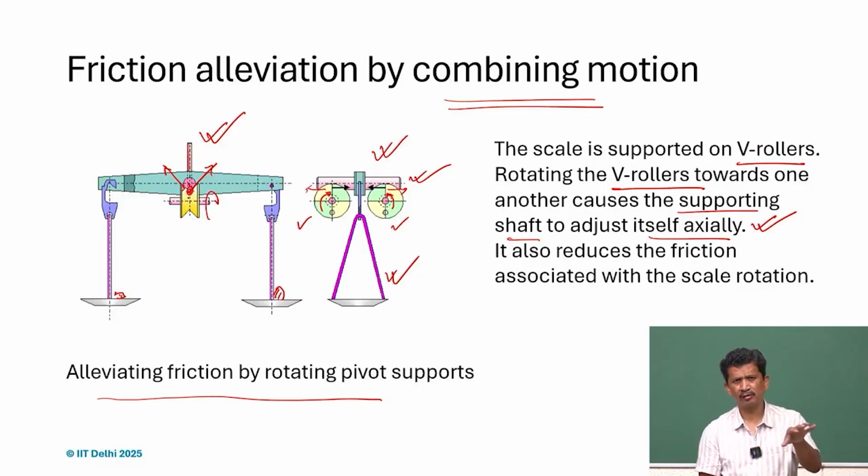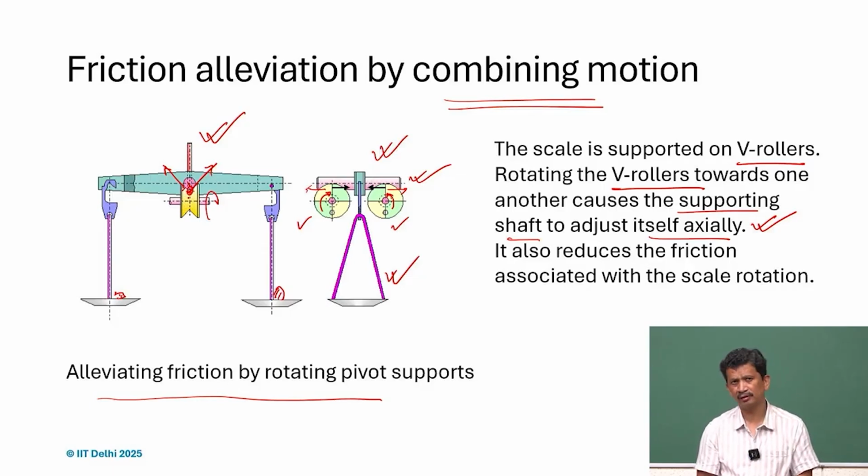It has very little component in this direction. It means that effectively the friction which restricts this motion because of the uneven weights or the masses is very small, and it means we can increase the accuracy of this scale by combining this motion.